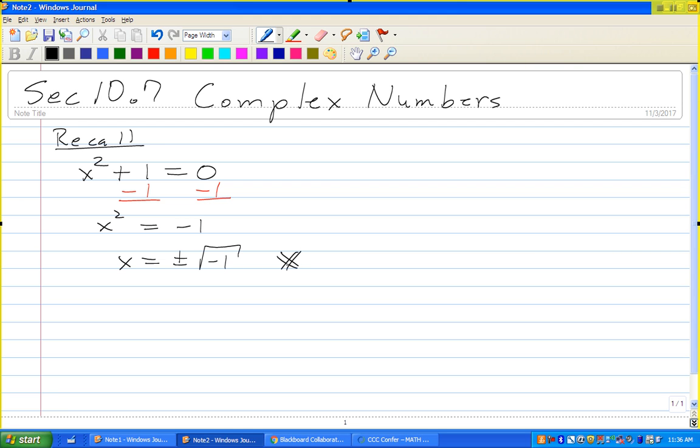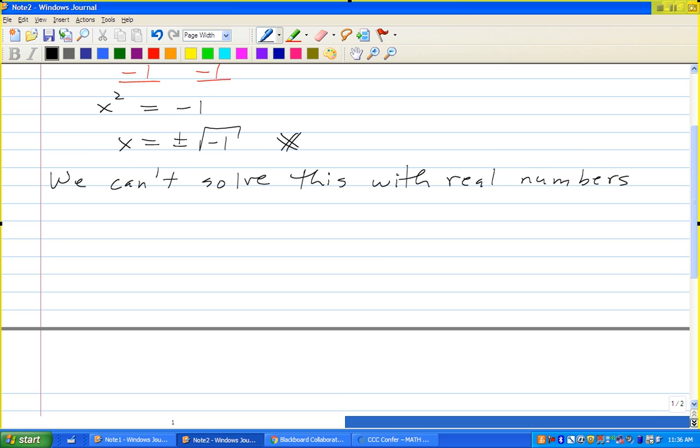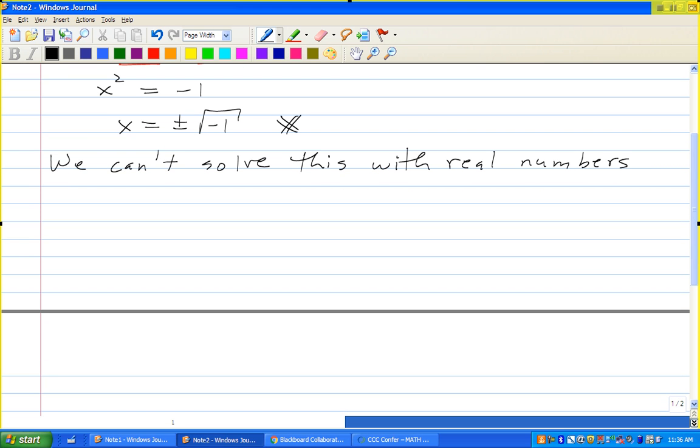Well, we can't solve this with real numbers, because if you take any real number and you square it, there's no way you're going to get a -1 as a result.